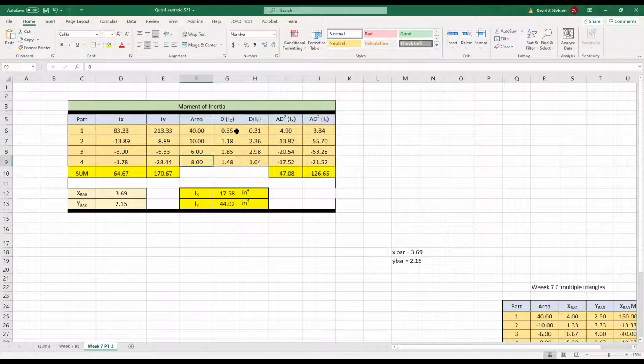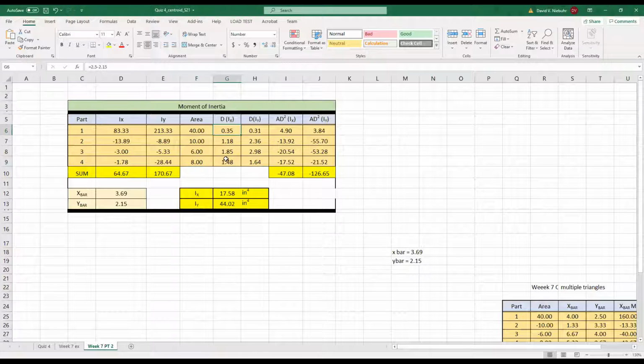Then you have D, and that's the distance I talked about, the distance between the centroid of the entire object to the centroid of the individual piece that you're looking at. I found the D's, and again, I'm doing it for IX and IY.